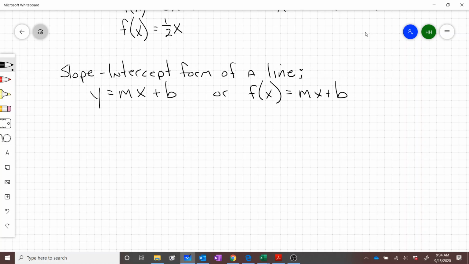Whatever is sitting between the equal sign and the x represents the value of m, and that's the slope of the line. When your equation is in the form y equals mx plus b, that is the slope of the line.